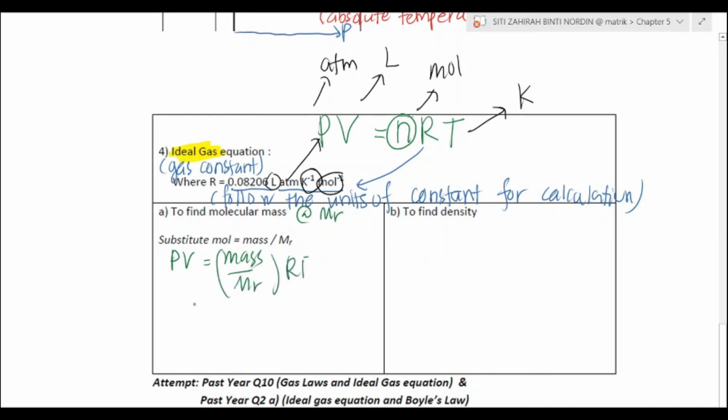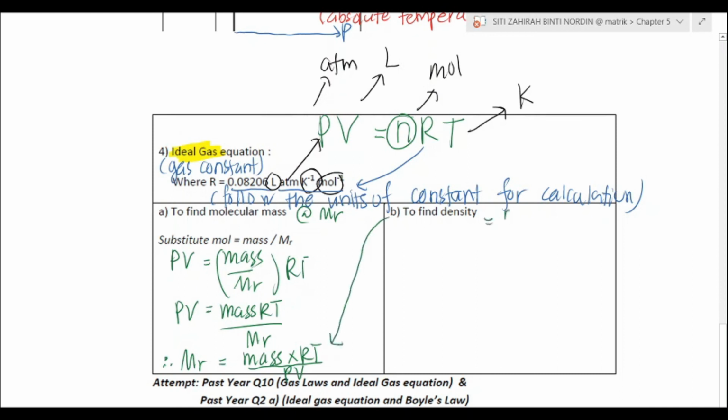Rearrange your equation, so PV equal to mass RT over Mr. So your molecular mass would have an equation of mass times RT over PV.